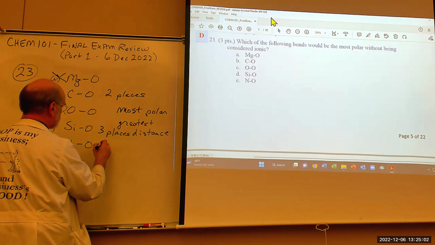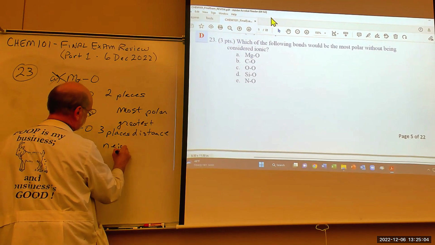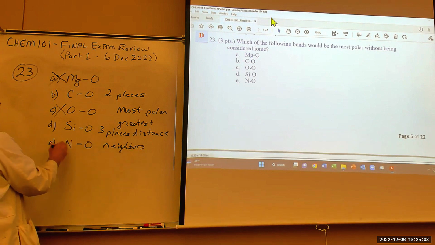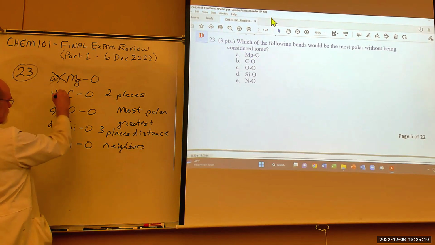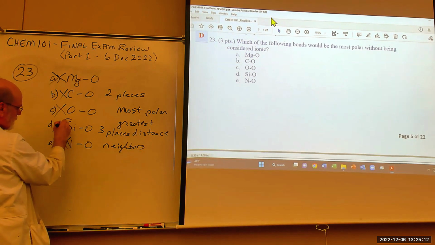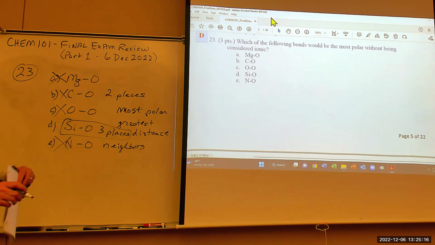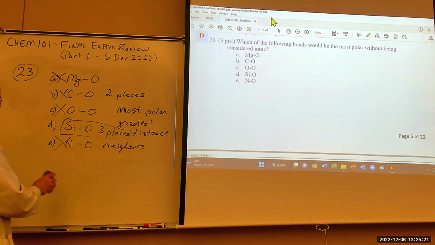And nitrogen and oxygen are neighbors, right? So that won't work. This one is the best choice. D. Silicon-oxygen bond would be the most polar without being ionic.